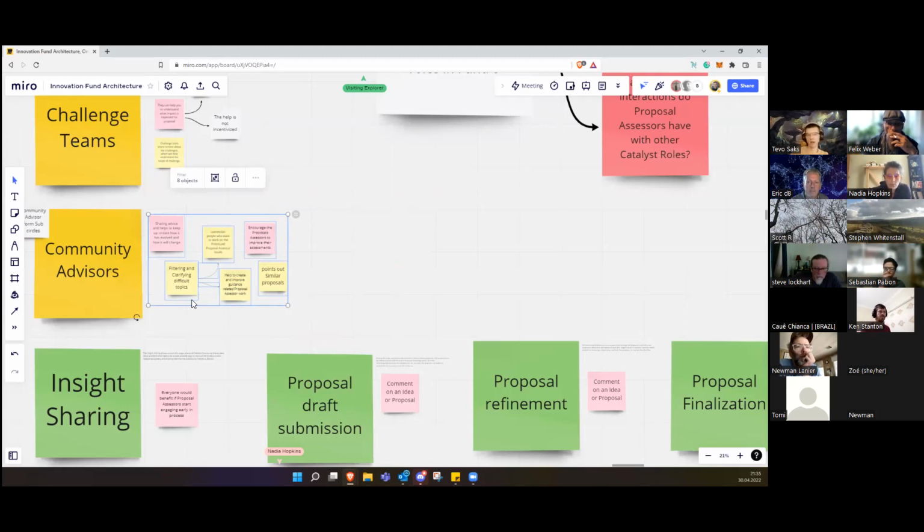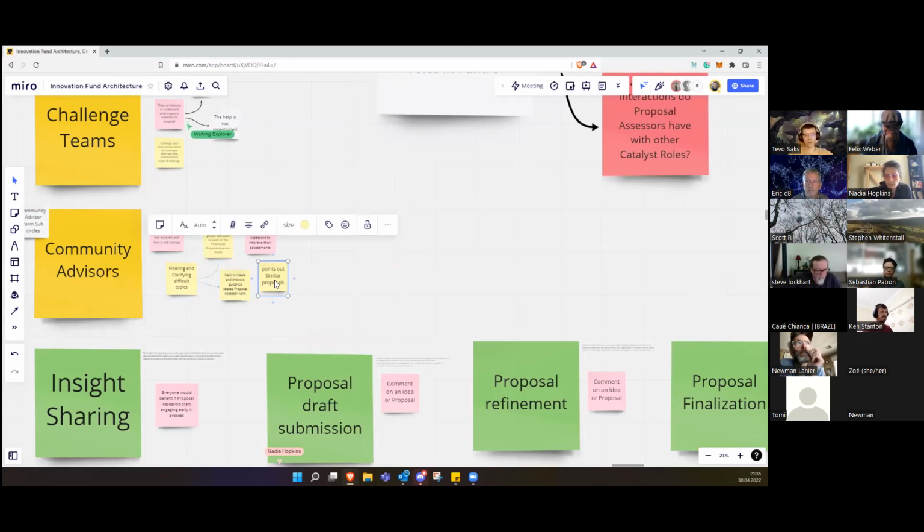So with helping to bootstrap, if community advisors have that information and relay it back to the proposal assessor, they now also have an easier time assessing, because they know this and this and this proposal are similar. Maybe I could assess them together.